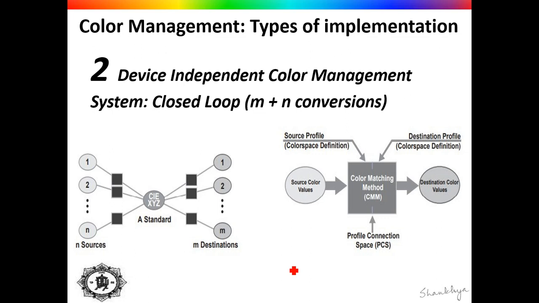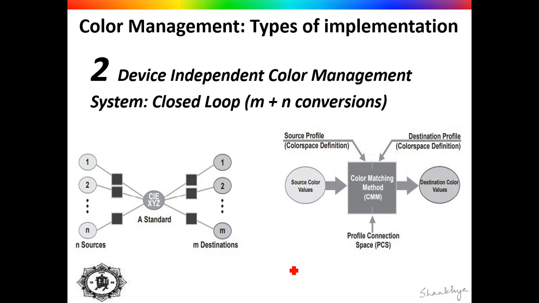For them to manage colors between their input, the camera, and the output, the offset printing machine, if we followed device dependent color management, we would have required managing colors between pairs of devices. That would incrementally increase the complexity of the problem, and the total number of color management protocols that we needed to follow would have been n into n, right?